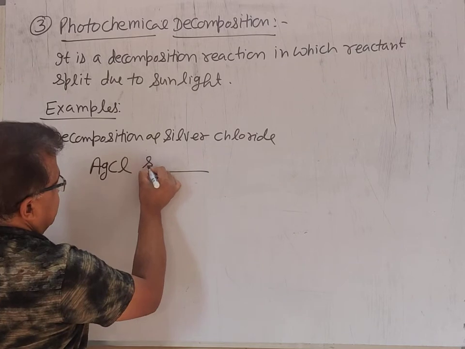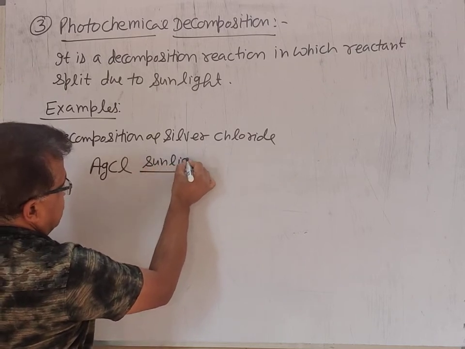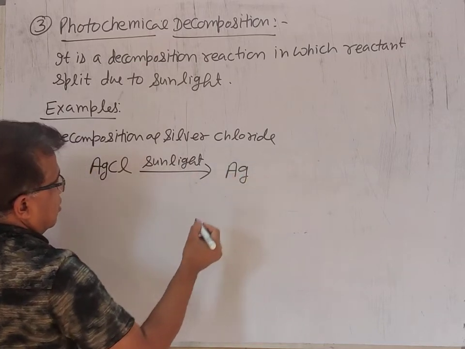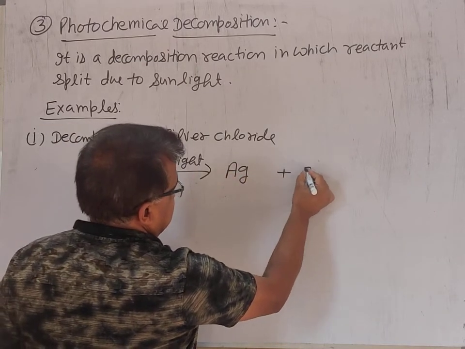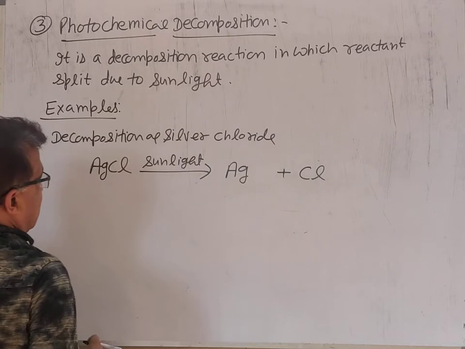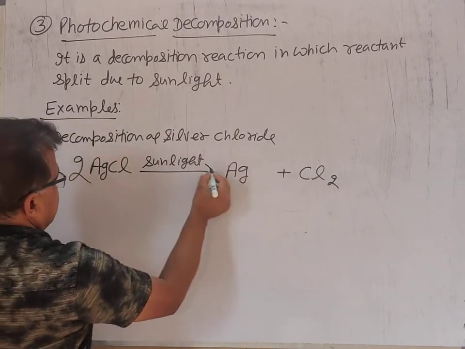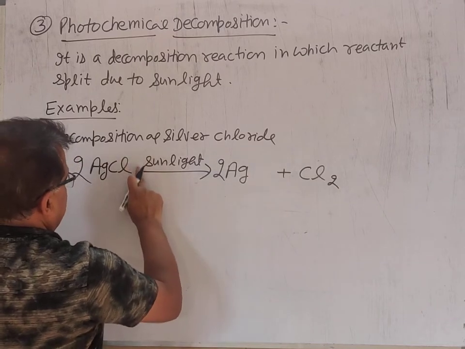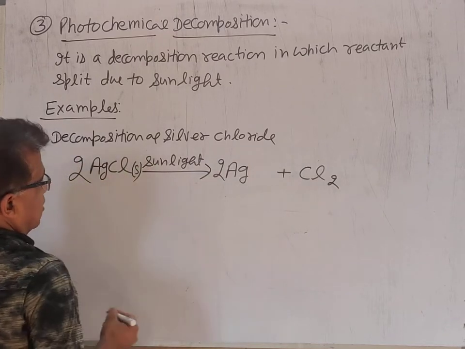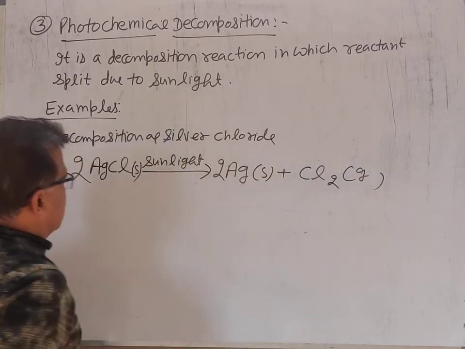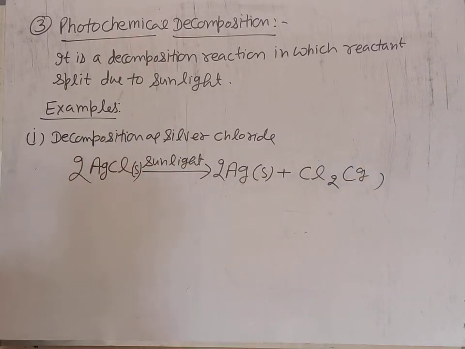When sunlight falls on it, it breaks into two parts, silver and chlorine. For balancing, silver chloride is a solid, silver is a solid and chlorine is a gas. So this is decomposition of silver chloride.